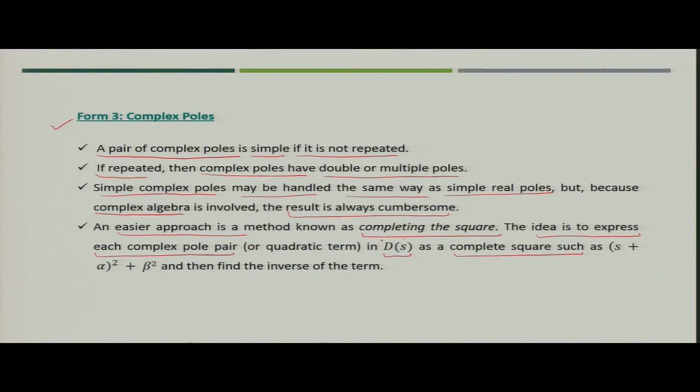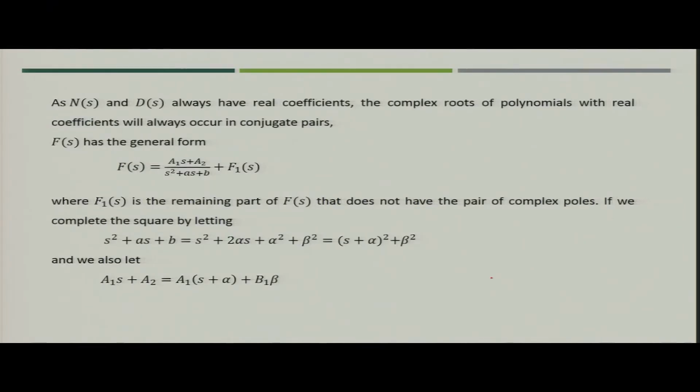So, whatever we have in the denominator, we can represent as a complete square plus a remainder of the terms which are there in the denominator. Then we can easily find the inverse Laplace transform of the function F(s). What does it mean? How will we solve it? Let us take one simple example, so that you can understand how we can proceed for this kind of condition.